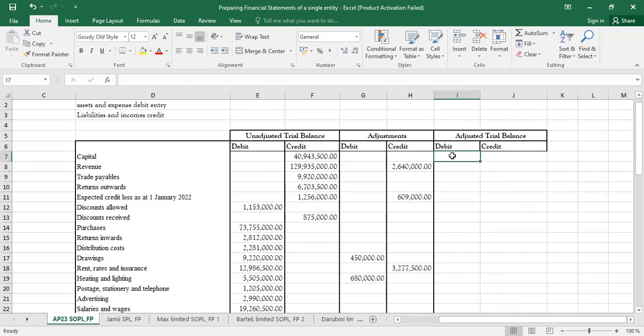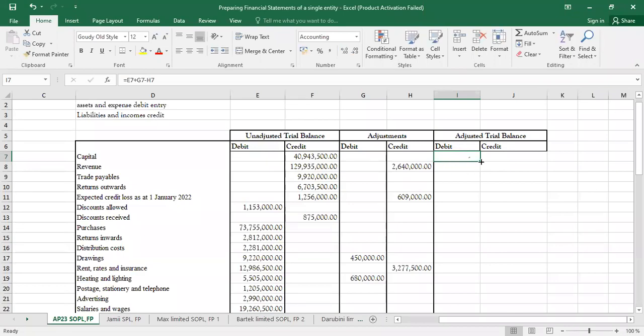So I come here to the debit column, I start with an equal sign, isn't it? So I'm linking this one plus the adjustment. So I'll take the first column there. I know it's empty. I add the debit adjustment and less the credit adjustment, isn't it? Control Enter.